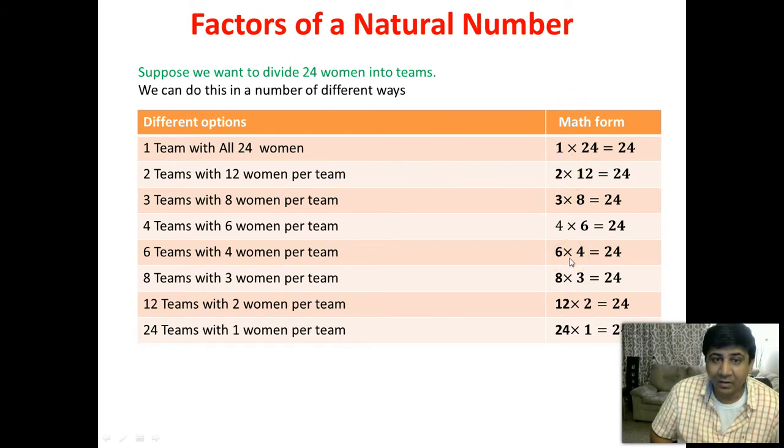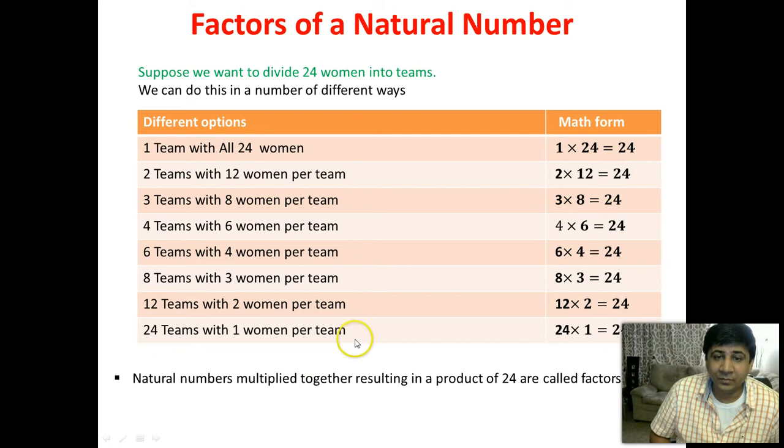Now what you need to remember here is that all these numbers, 1, 2, 3, 4, 6, 8, 12 and 24, are factors of 24. Going back to the previous slide, natural numbers multiplied together resulting in a product of 24 are called factors of 24.